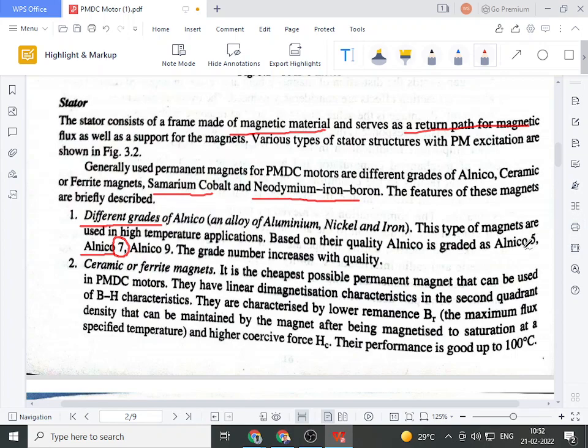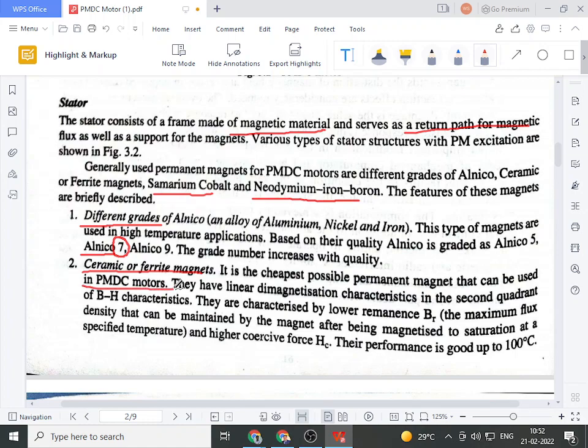The second type of magnetic material used is the ferrite magnet, also known as the ceramic magnet. This is generally the cheapest form of magnet, and it can be used in the PMDC motor.